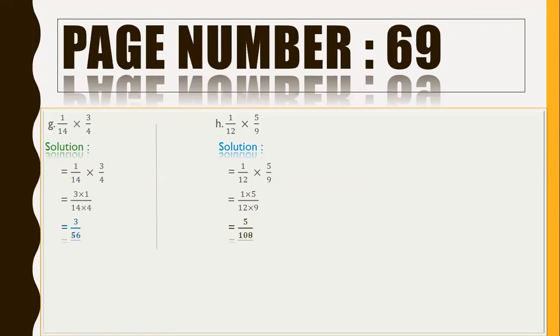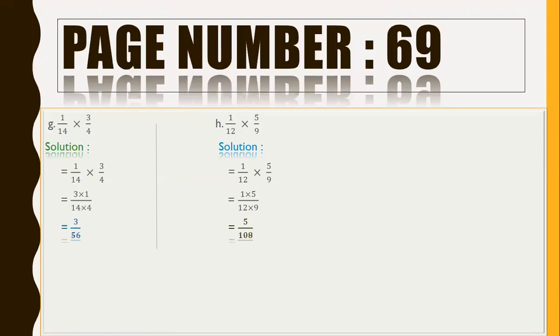Come to the next and the last part of this question. 1 over 12 and 5 over 9. No cancellation is there because we cannot cancel 5 with 9 or 5 with 12. Same, we multiply both numerators and both denominators. 1 into 5 is 5 and 12 into 9 is 108.